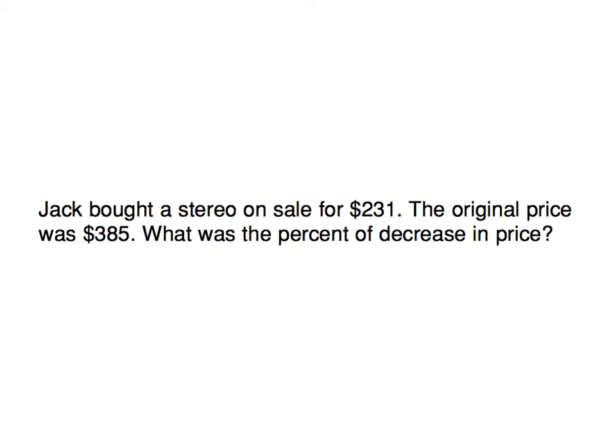That gives us a change of $154. Now we take the amount of change, we divide by the original price. The original price was $385. That gives us 0.4, which we multiply by 100 for 40%. So the percent of change is 40%.